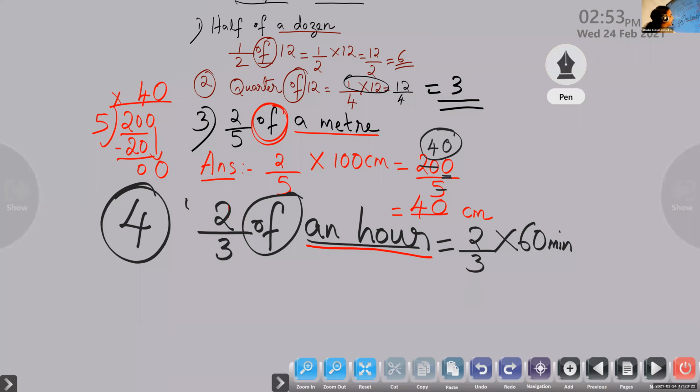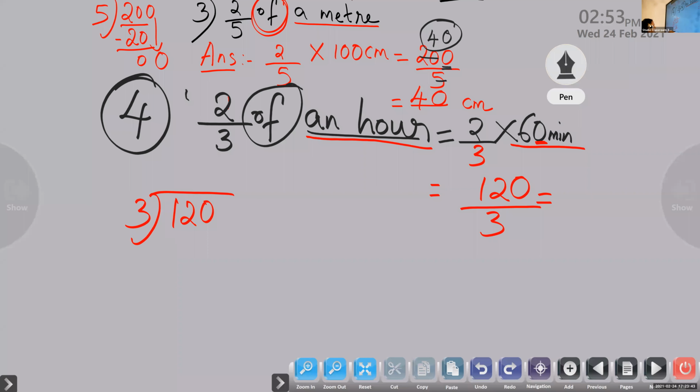So 120 divided by 3, what's the answer? 12 divided by 3 is 4. 40. Yes. So children, 4 threes are 12. So when you bring down 0, that 0 we can place it over here. So children, the final answer is 40 minutes.